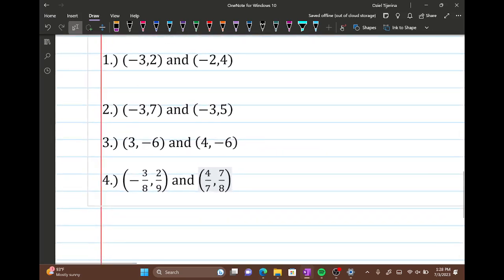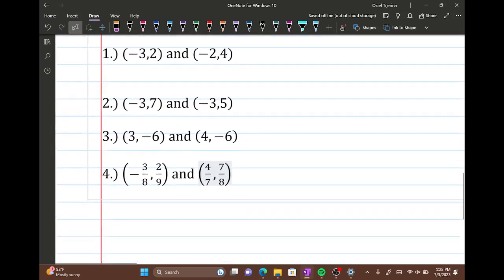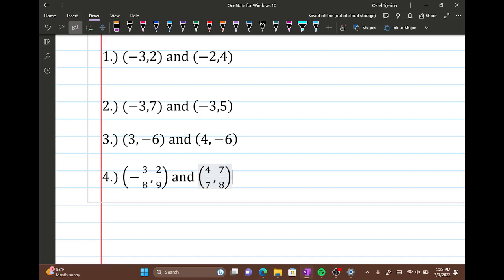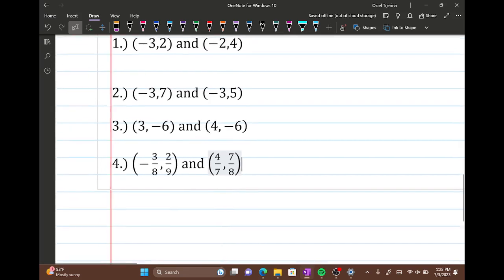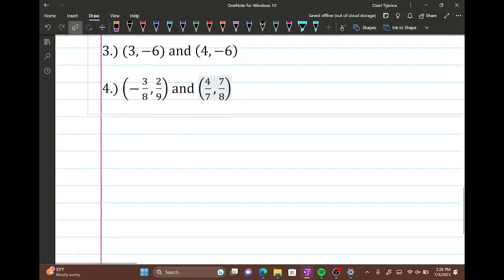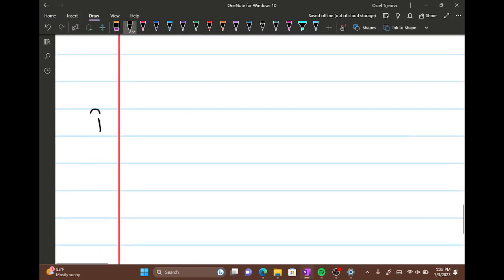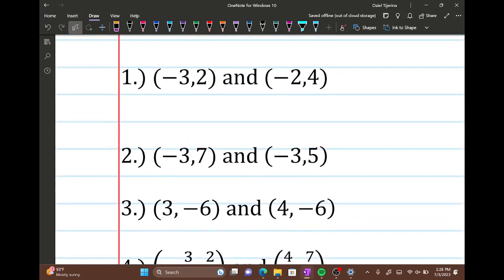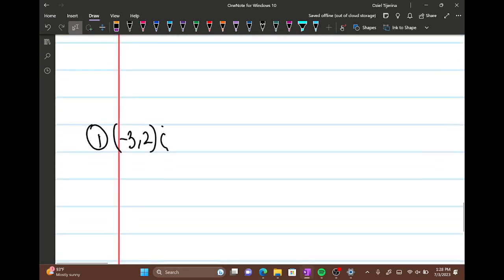They're different lines, a different line that crosses between every two points. So anyways, we're going to go ahead and do the first one. We have -3, 2, and -2, 4, right?